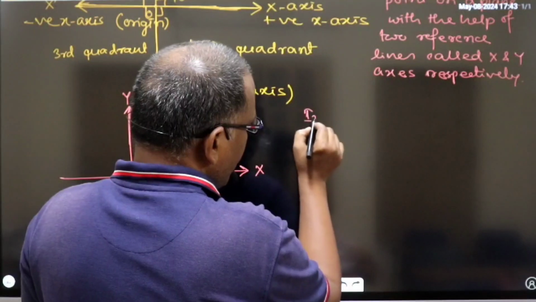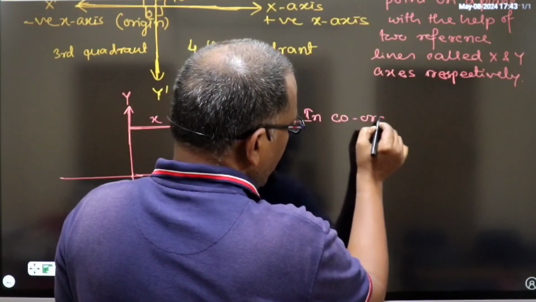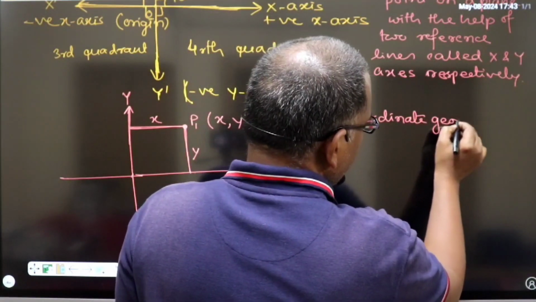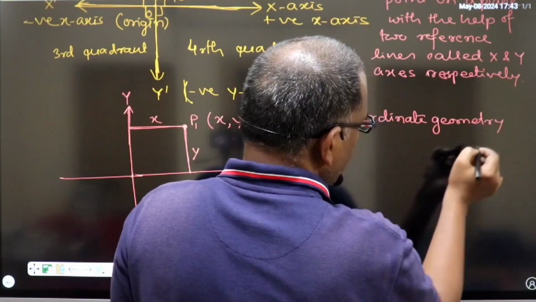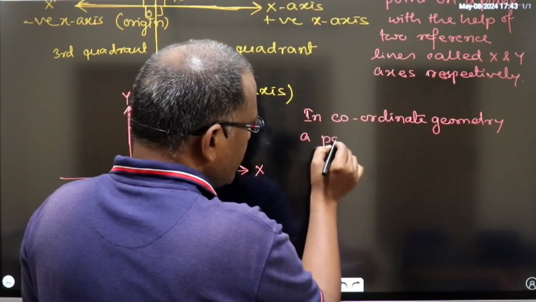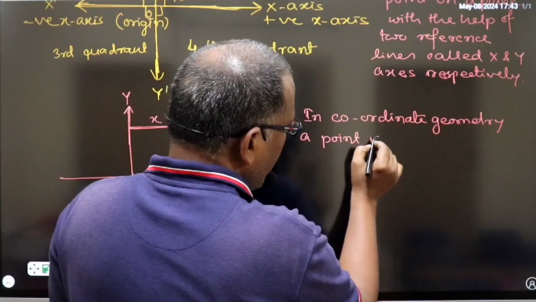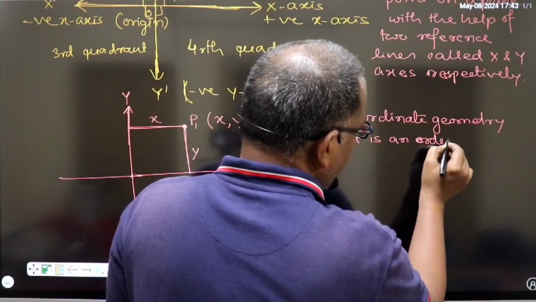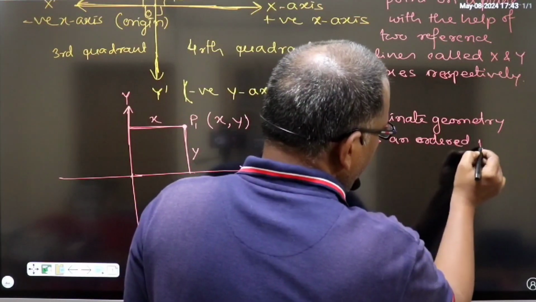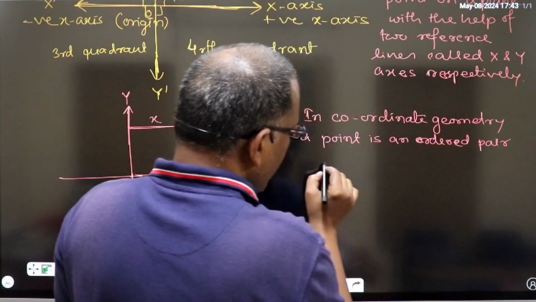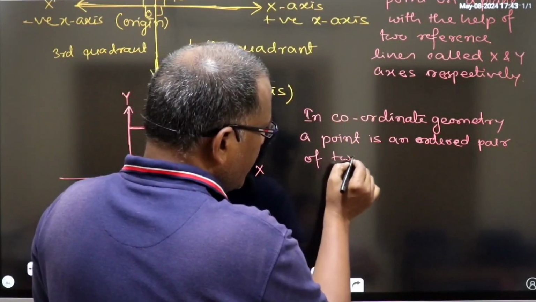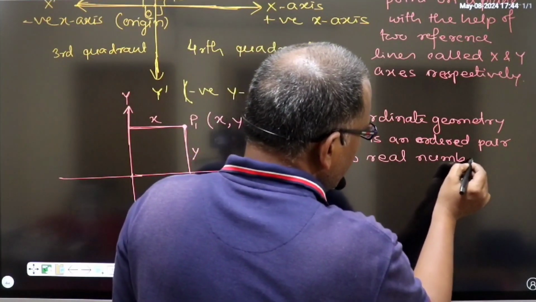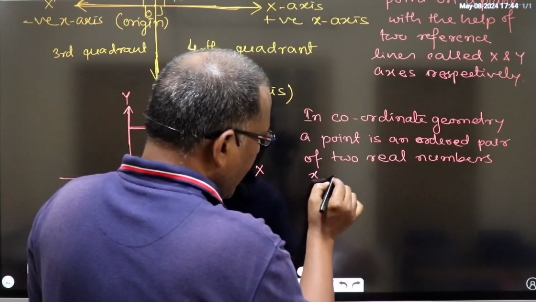In coordinate geometry, a point is an ordered pair of two real numbers, x and y.